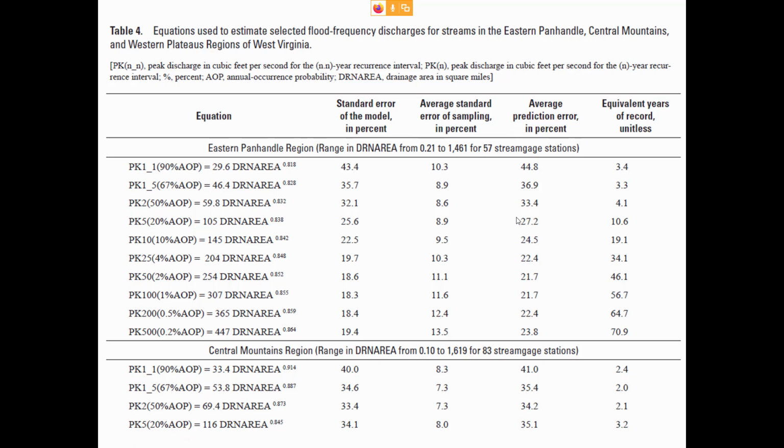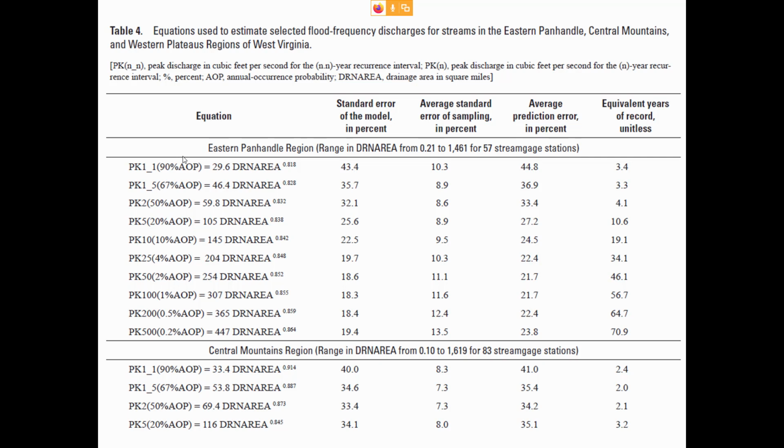But the reason why there's so much error is partly because they don't have a lot of data, because the rain gauges and the stream gauges are spread out across the state. The other factor is that this doesn't take into account what's actually in the watershed. It's assumed that you're using this for rural watersheds, not for an urbanized place like Charleston or Huntington.